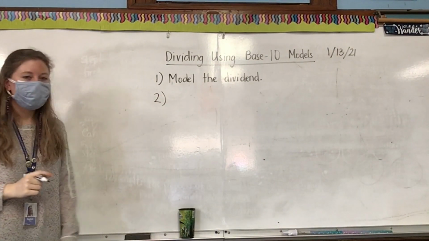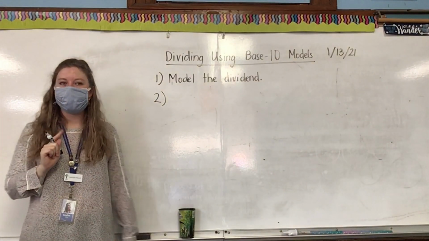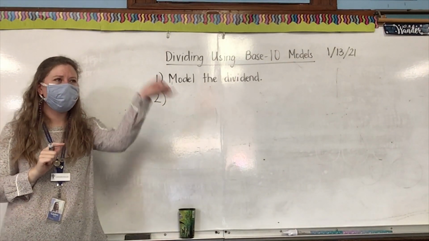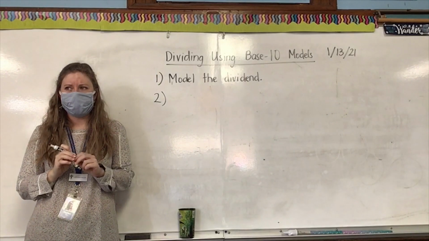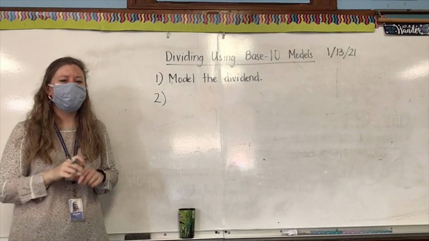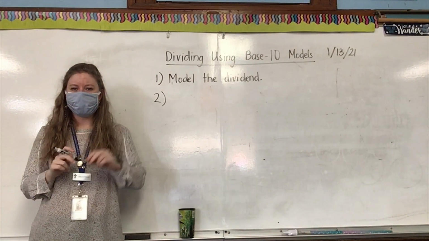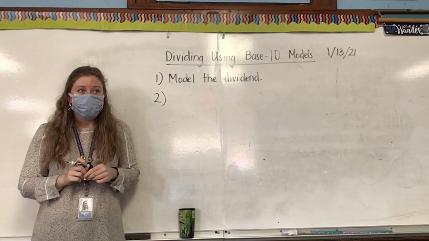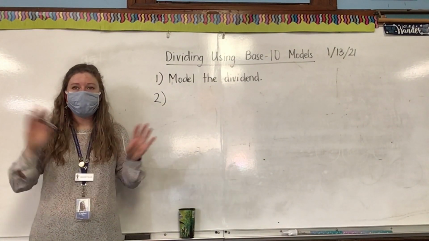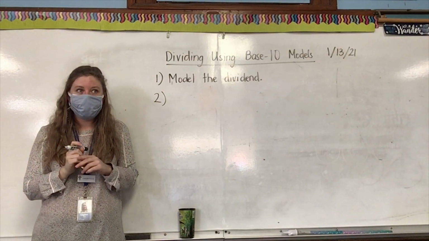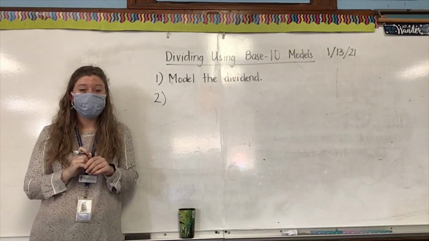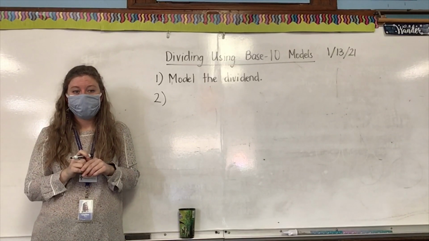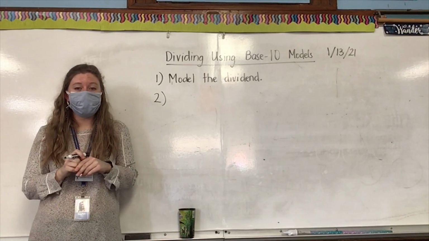Step 2. This is not exactly the same step as in your book because we did something before we got to step 2. What did we do between step 1 and step 2? Come on, guys. Don't look around the room to see if anybody else is raising their hand. Think for yourself. We didn't skip right to step 2.